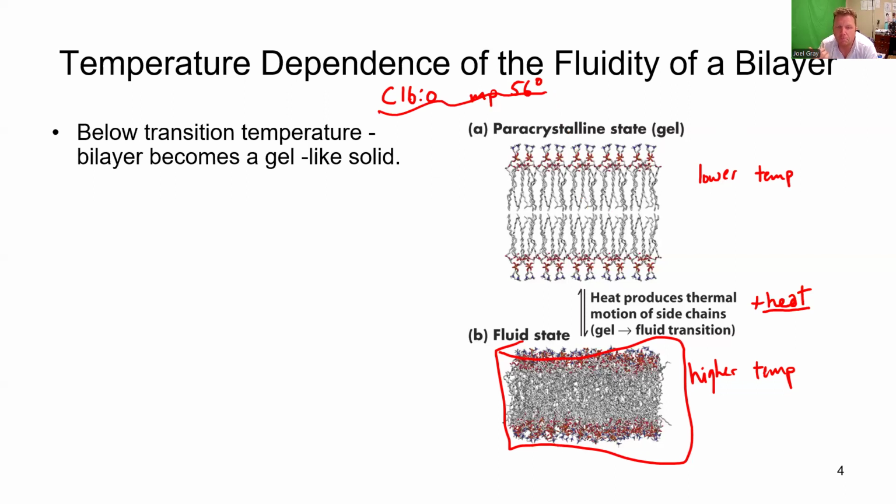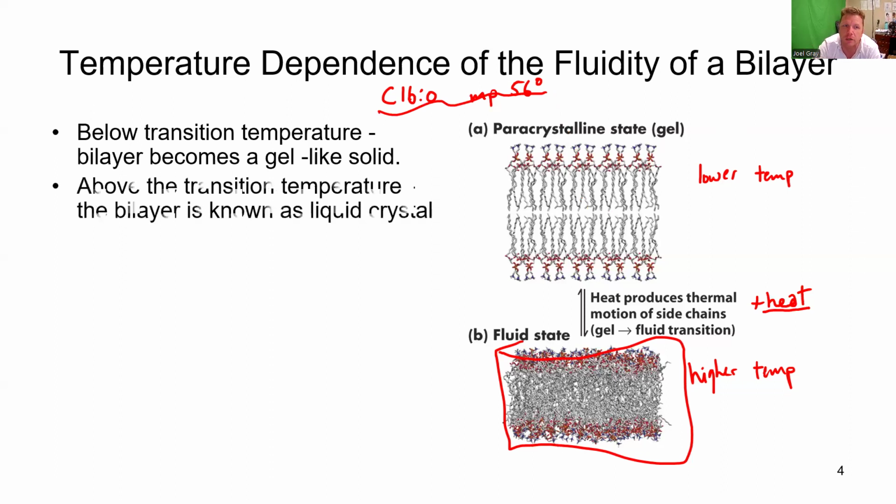For a membrane, we have a transition temperature. Below the transition temperature, the bilayer becomes a gel-like solid. So at a lower temperature, that's what you get. Above the transition temperature, the bilayer is known as a liquid crystal. That's where you're going to have that more liquid form of it.